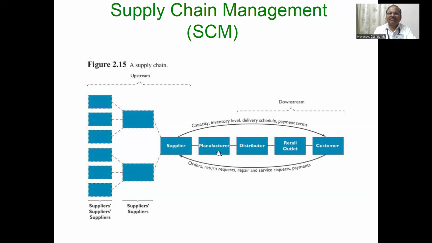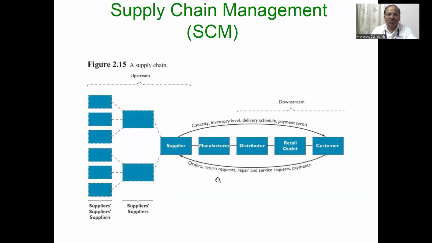So the supply chain management has to understand its capacities, the level of inventory which they hold, how much is in progress, and what is the delivery schedule by which the product is going to be prepared. And finally, the payments, terms, and conditions. So these items make up what is known as the downstream supply chain management.